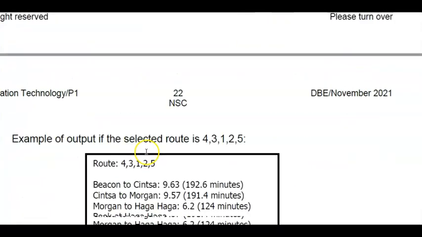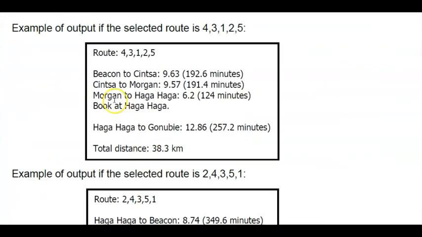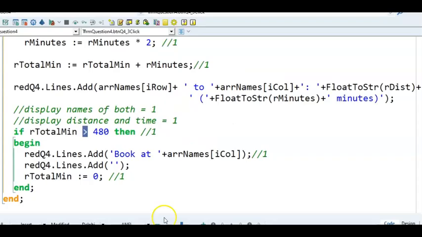So if you have a look here, I'm going from Morgan Bay to Haga Haga. That means I have to book at Haga Haga. So this here on the left, what you see here is I row, and on the right is I col. So I have to book at I col, and that is what I'm displaying here. I want to book at, use your one-dimensional array at I col.